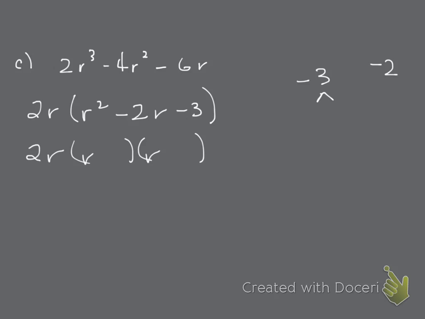So negative 3 times 1, because negative 3 times 1 is negative 3, and negative 3 plus 1 is negative 2. What do I do with these factors now, Hammer? Just bring them over: r minus 3 and r plus 1. And there's our answer.